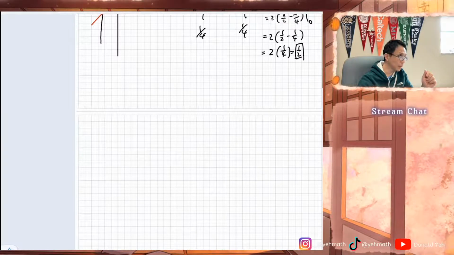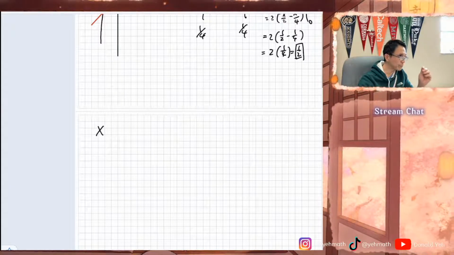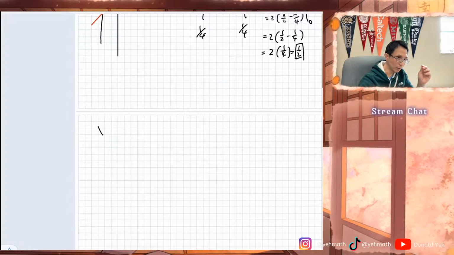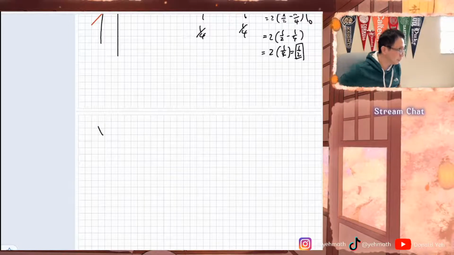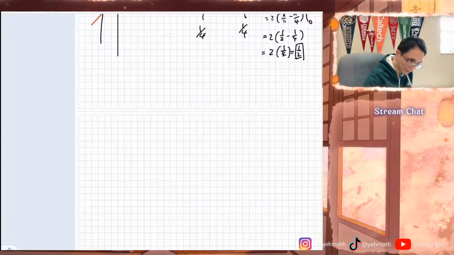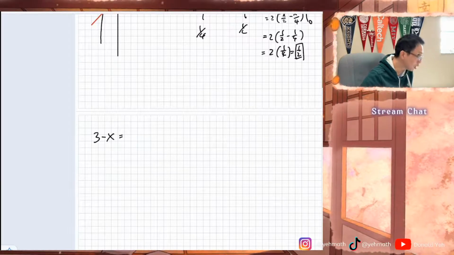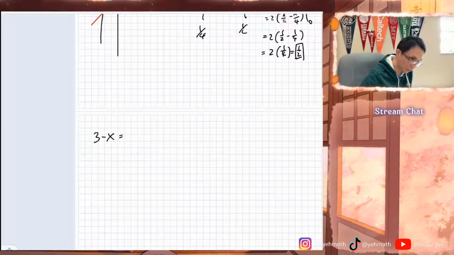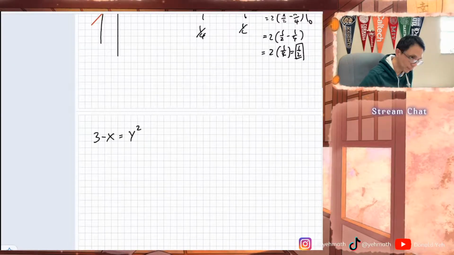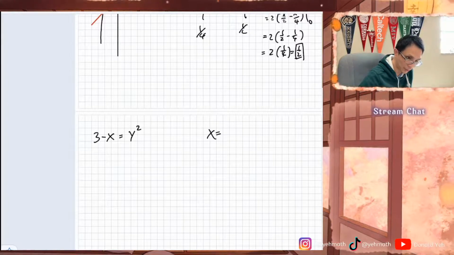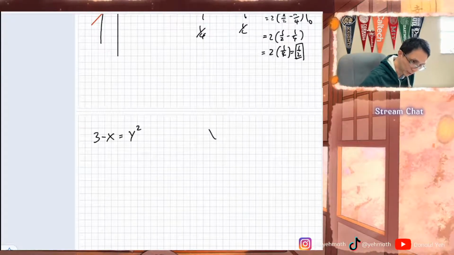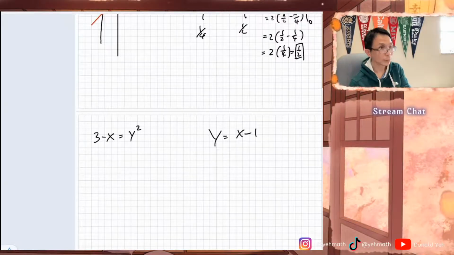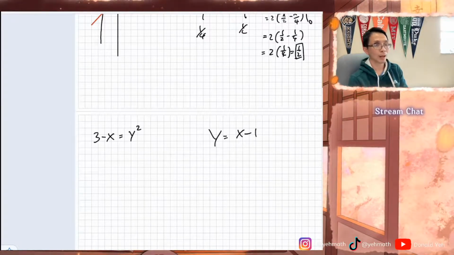So I'm going to give you a situation here. We're going to say, let's just say, 3 minus x equal to y squared, and we got x equal to y equal to x minus 1.